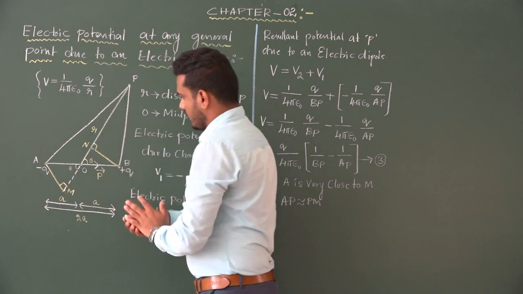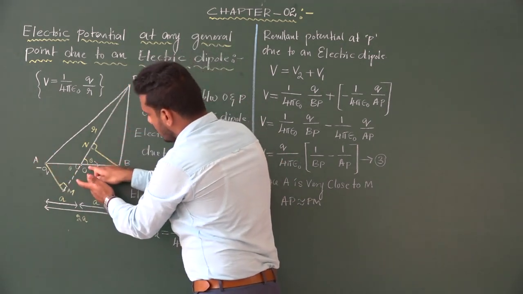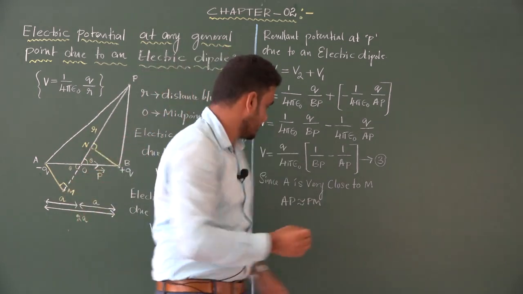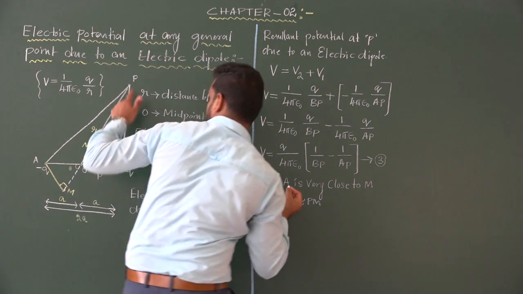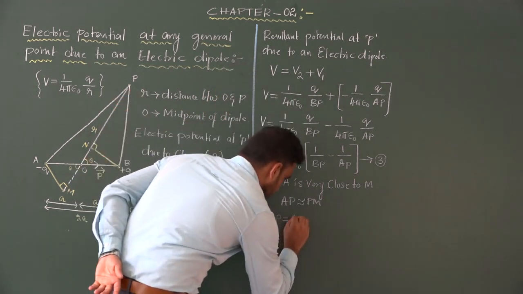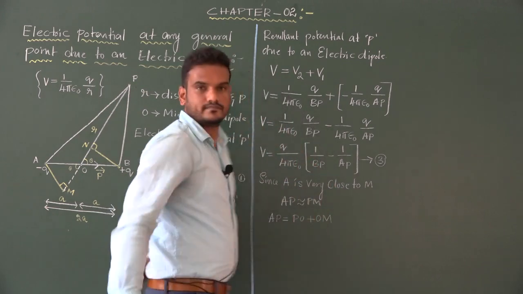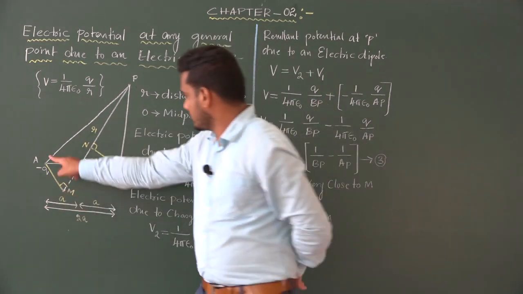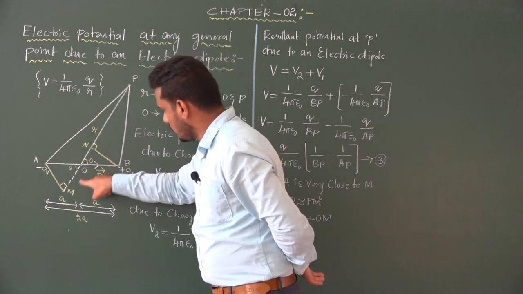And one more thing you can write, AP is equal to PO plus OM.